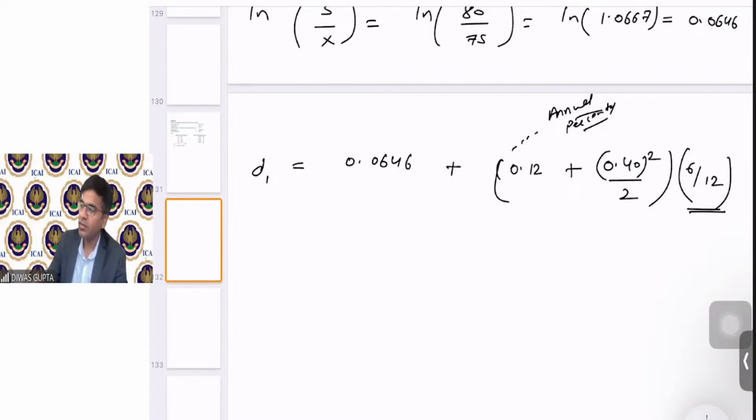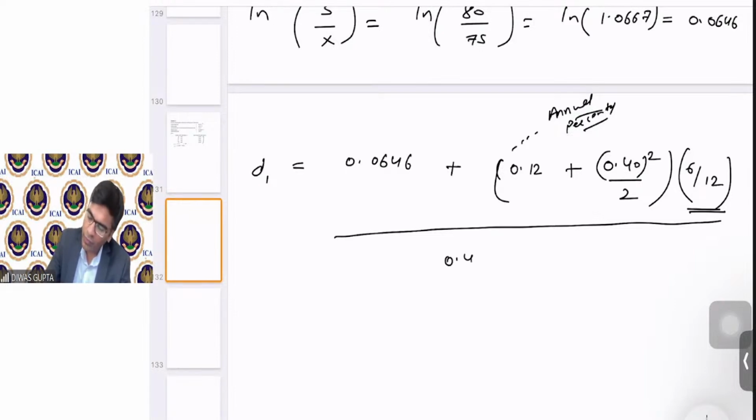Then this whole thing divided by 0.40 under root 6 by 12.